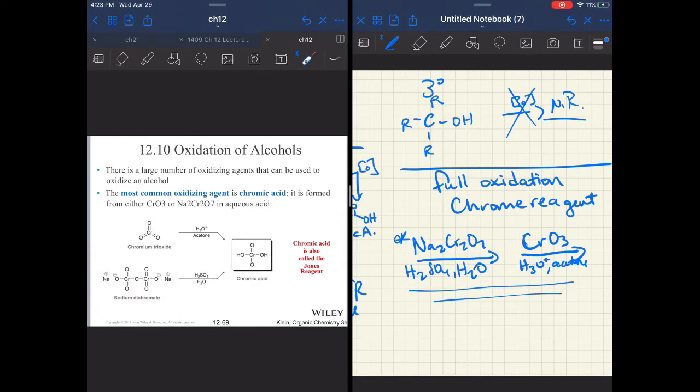Chromic acid is also called Jones reagent, and you are more than welcome to just write Jones reagent. I couldn't for the life of me explain to you why I, Lindsay Jones, don't write Jones reagent, but it's just where we are in life. This is the one you'll see from me. All three are appropriate and will do the same thing.